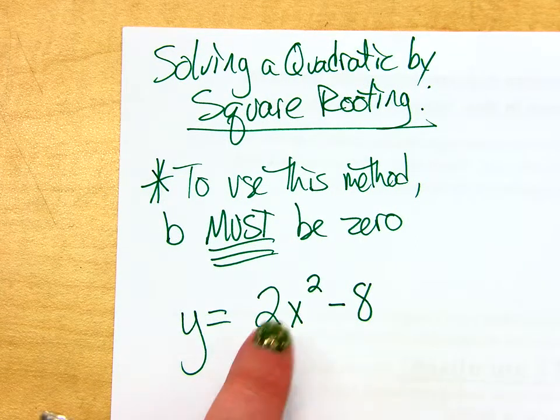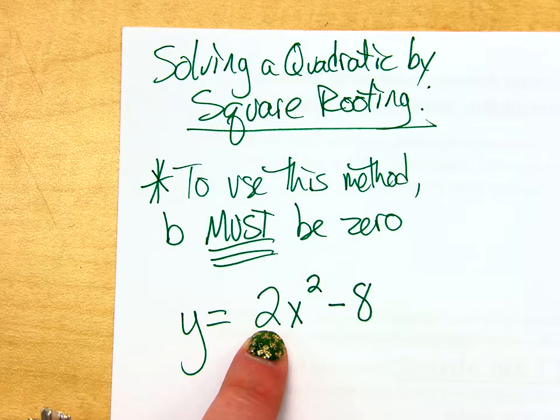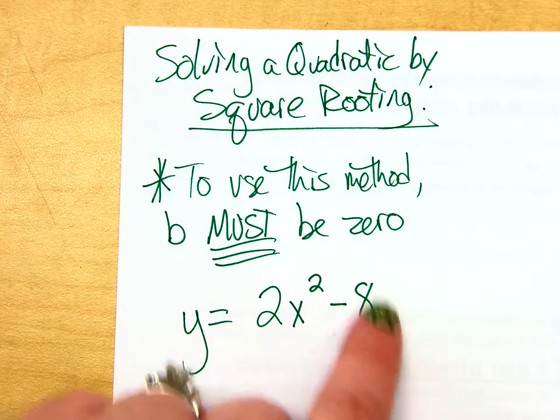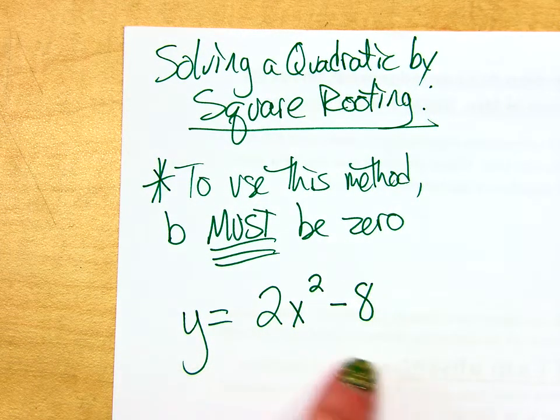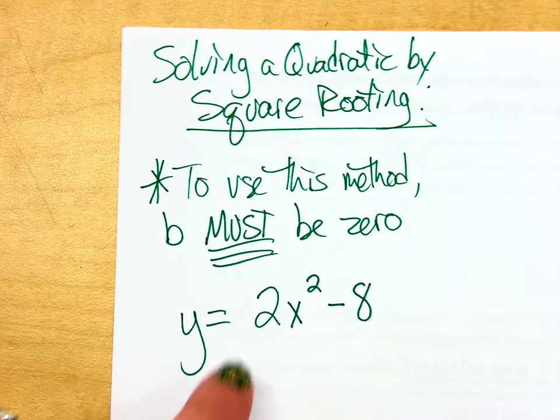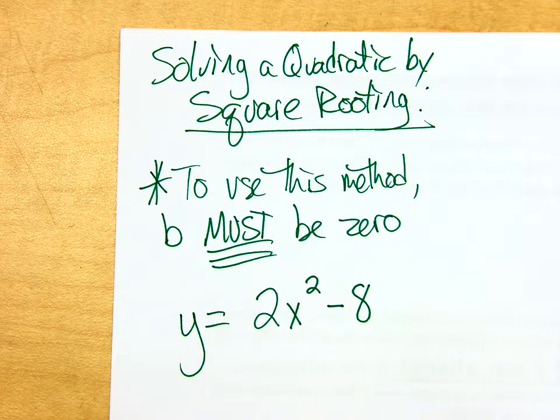So A is always the number in front of the x squared. So A is 2. B was the number in front of the x. Well, I don't have just an x. And then C was the number on the end. So in this case, B is 0. There is no x term.